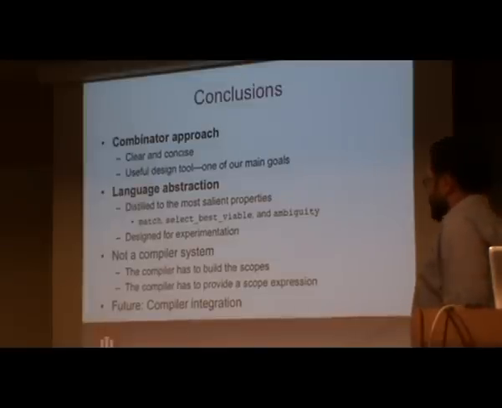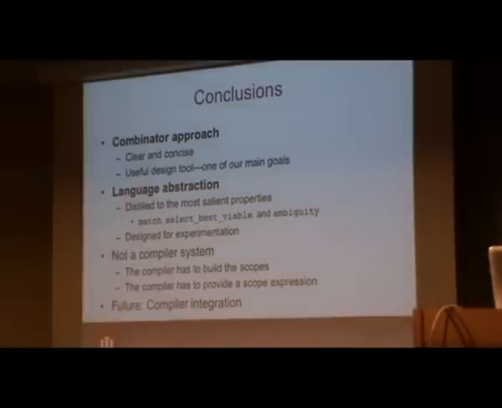Then we have the language abstraction to distill the most important properties of a language. We came up with 3 of these, but this is not set in stone, use whatever you need for your purposes. And then the important thing to stress is this is not a compiler system, so we don't have any grammar abstraction. We are not there to extract those namespaces.